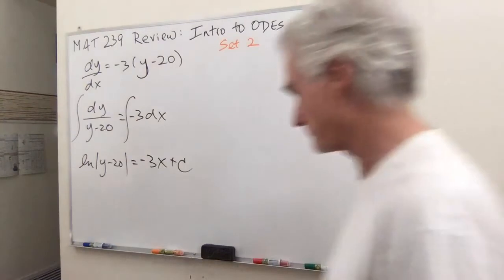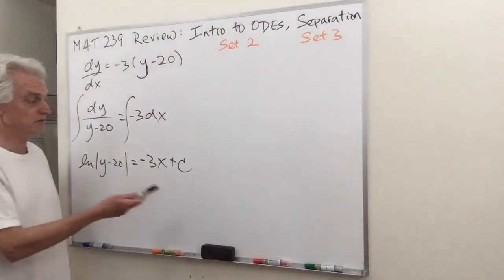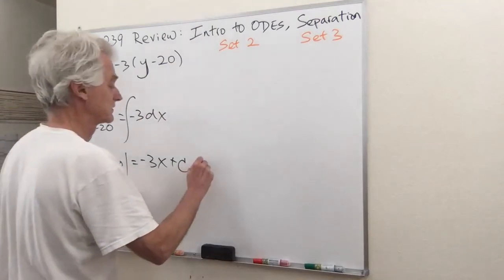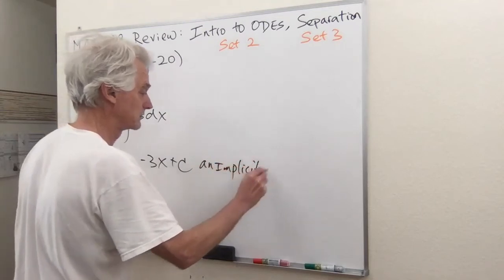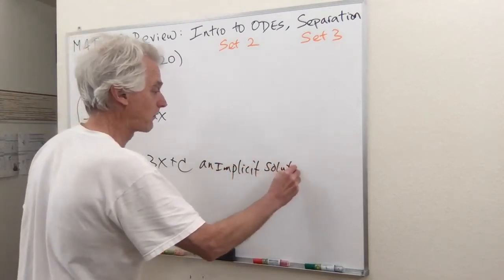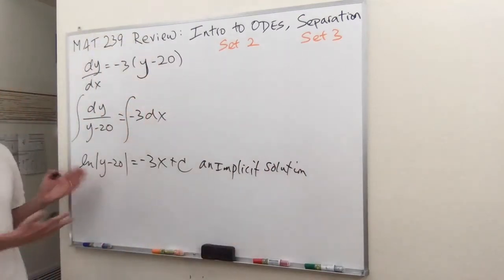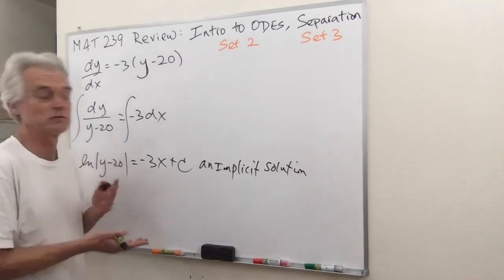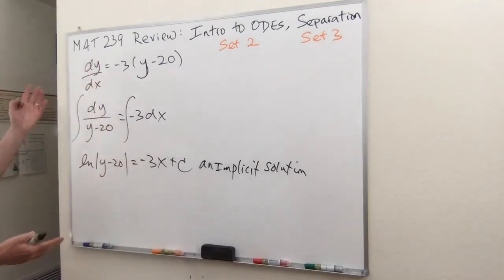All right. So this is a solution. This is, in fact, an implicit solution. And an implicit solution means I've got just some expression involving the independent and the dependent variable, some equality that's true, that the solution satisfies.